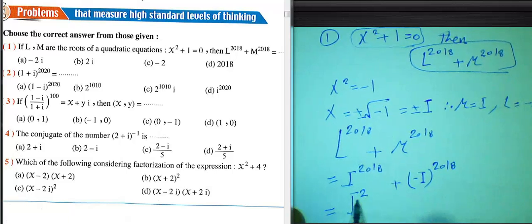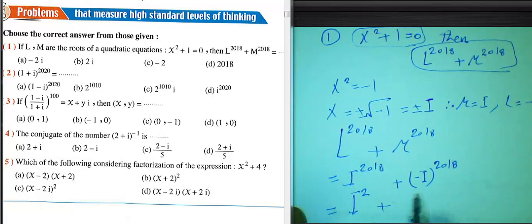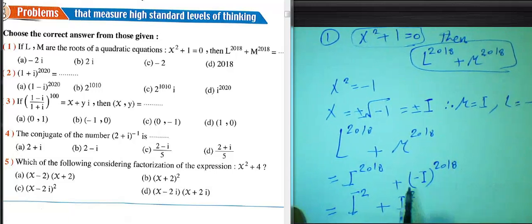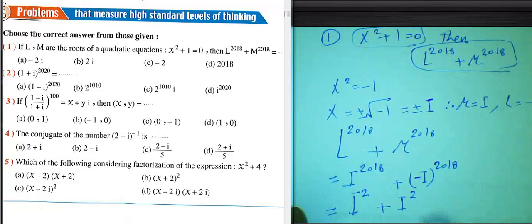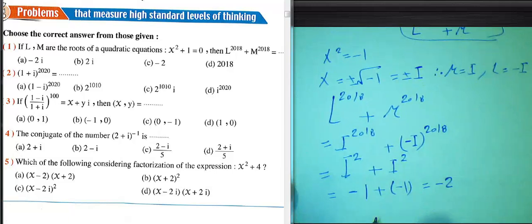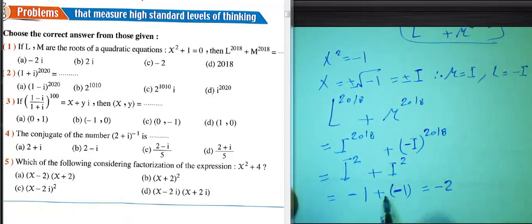So i power 2, and this will be again i power 2, because it's an even power, we cancel the sign. i power 2 equal -1, -1 plus -1, the result will be -2. It's the result.